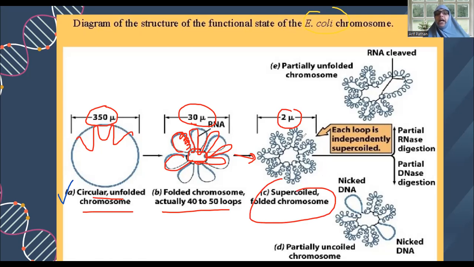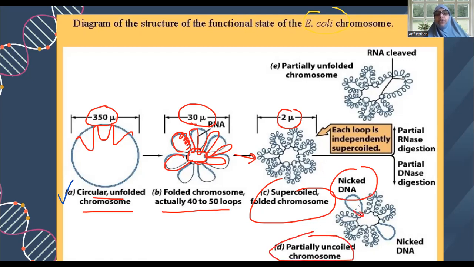This is very tightly folded, so certain cuts will be created for certain regions of the DNA to be relaxed, and then it will be further fitted into the cytoplasm of the E. coli bacterial cell. There will be some cutting, that is nicking, taking place, giving a partially uncoiled chromosome.